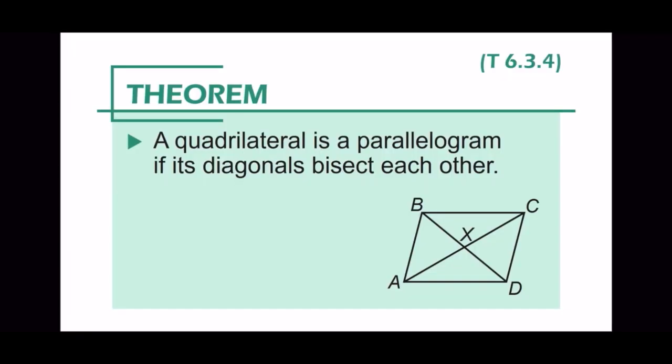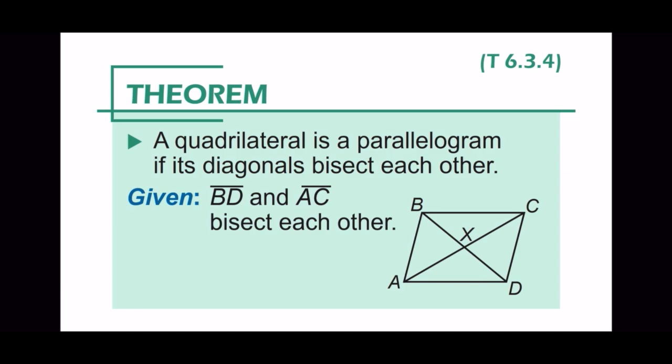This is the diagram we'll be using. The given is based on the if its diagonals bisect each other, which, by the way, is still the hypothesis of the conditional, even if grammatically it comes at the end. The diagonals are AC and BD, so the given is segments BD and AC bisect each other. The proof, as with the other theorems we have looked at today, is that ABCD is a parallelogram.